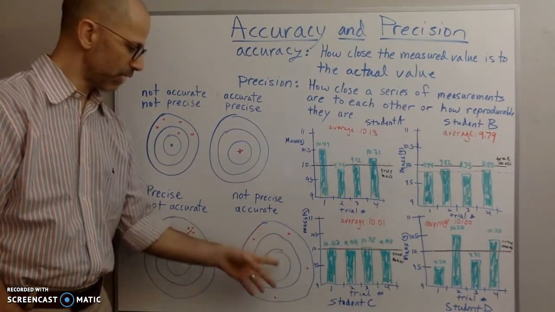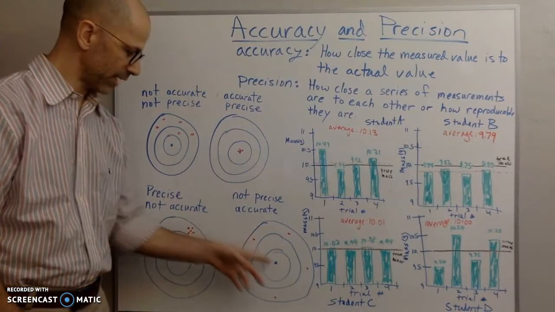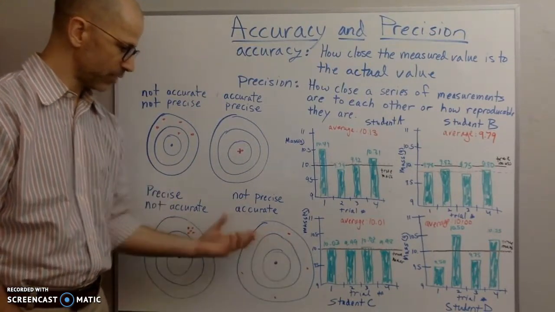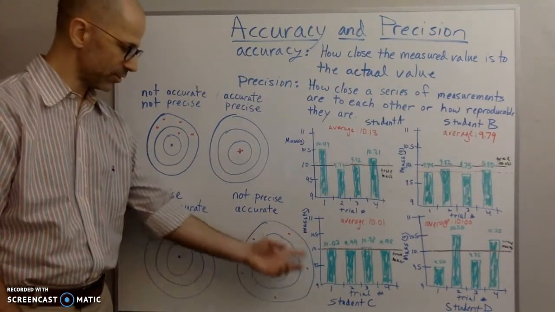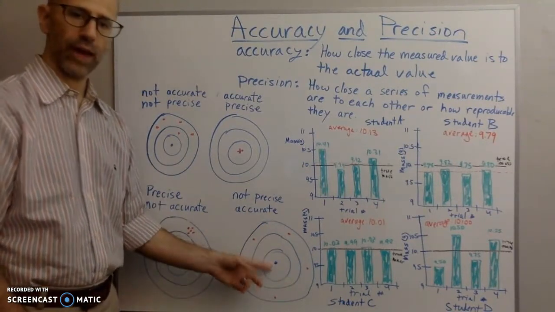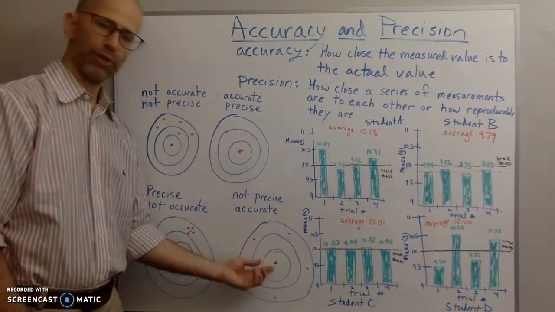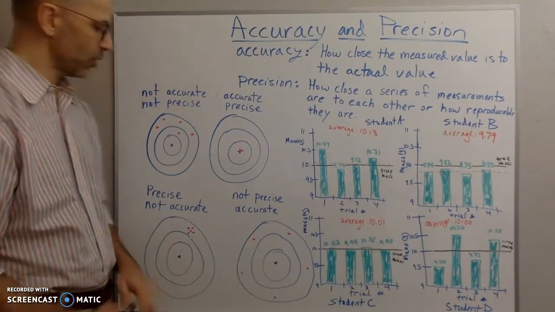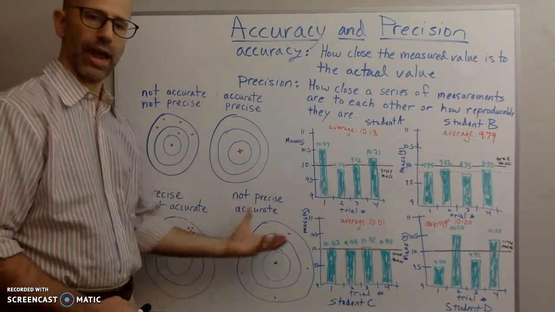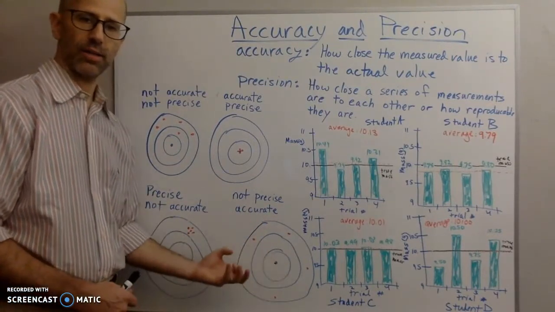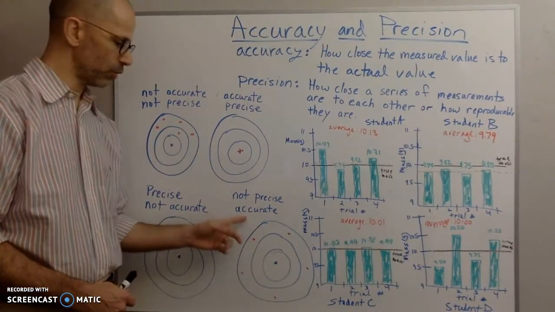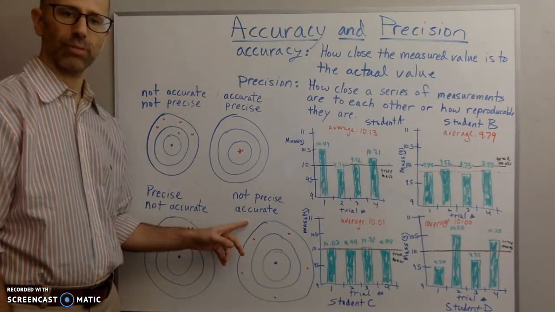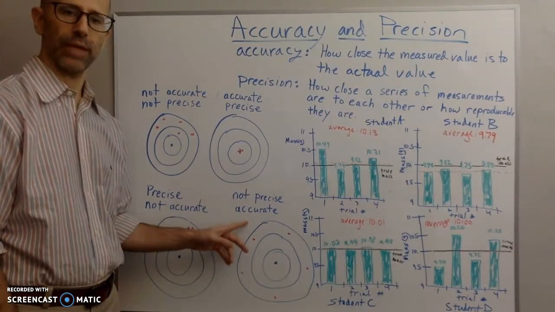Then you would find, I tried to draw this, that they're kind of equidistant from the bullseye. So if you were to average the distance from the bullseye, you'd probably get a dot. The average dot would be right on the bullseye. Okay, so this would be an example of where the average data is very close to the actual number or the actual measure, and so it would still be accurate.